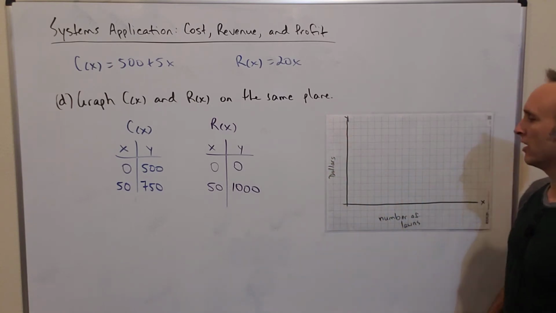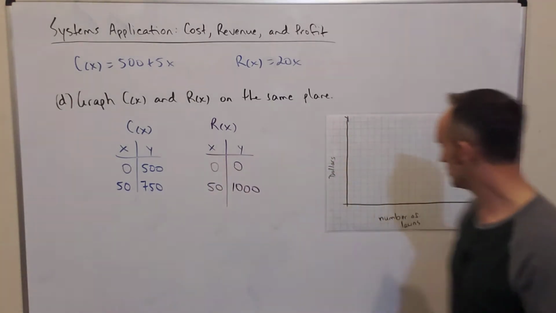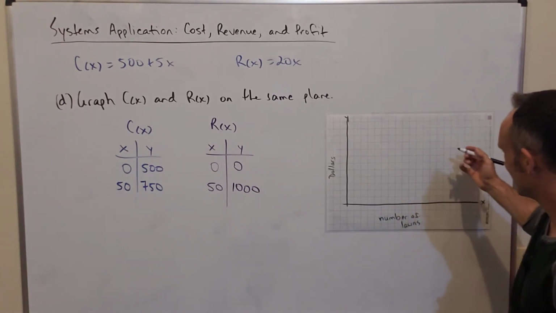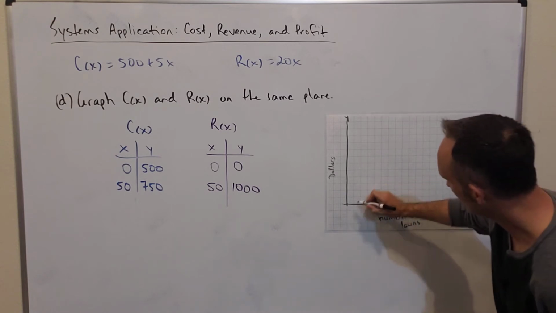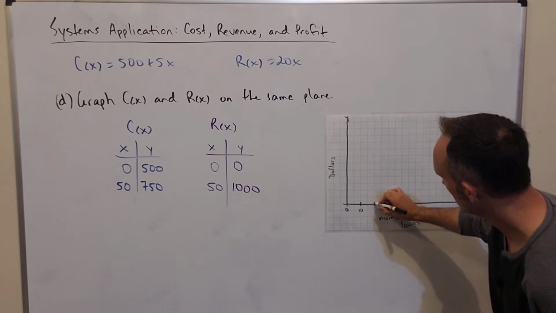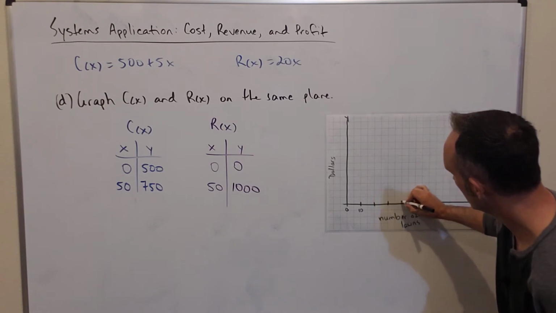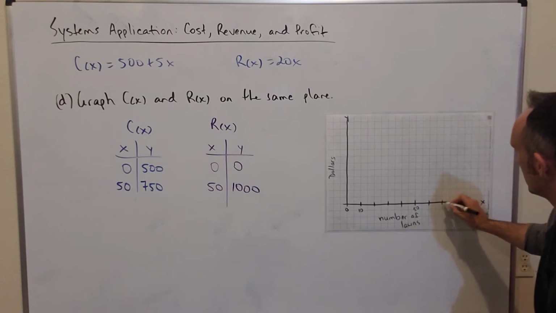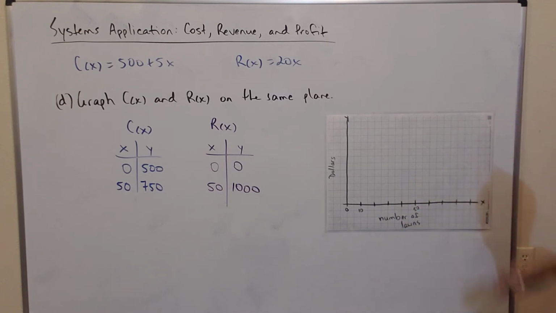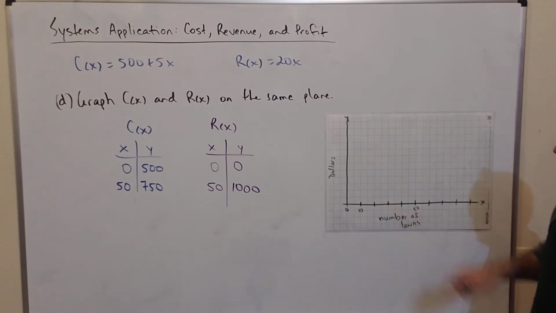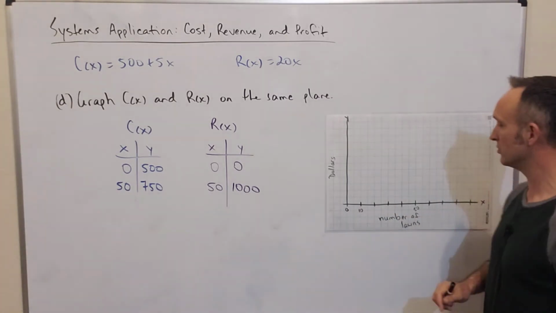Now the x-axis has to go from 0 to 50. So I will set it up in, let's say, tens, okay? So here's 0, let's call this 10, 20, 30, 40, 50. So there's 50, 60, 70, 80, 90, we can keep going. So 30's right here. We know the break-even point is 33 1/3. So somewhere past 30 should be our break-even point when we graph these two functions.